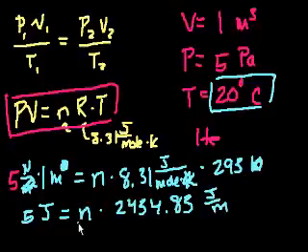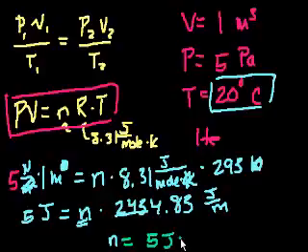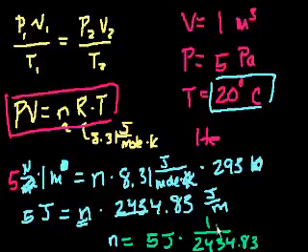And so to get the number of moles, we just divide both sides of the equation by that, and the units should work out. So N is equal to 5 joules times 1 over 2434.83, and since we're dividing, this flips, moles per joule. And then, of course, this joule cancels out with this joule, so we just have to divide 5 by this, and we'll get the number of moles.